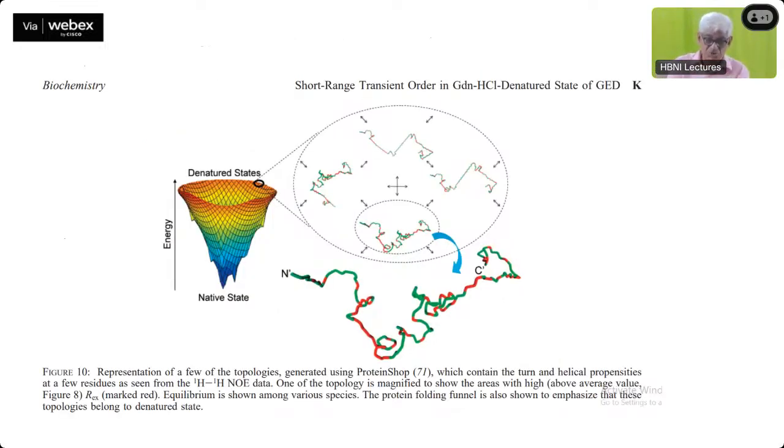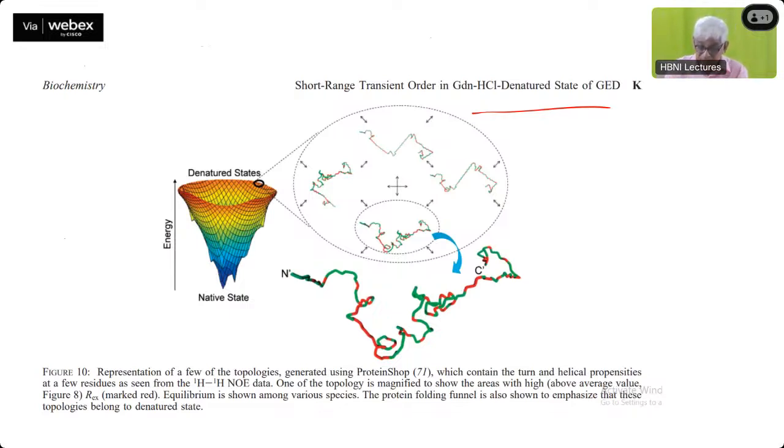And that is what is demonstrated here schematically, all of this in the denatured state of the GDPase effector domain protein. This is a 130 residue protein. So in the ensemble you can represent all these kinds of dynamic situations.